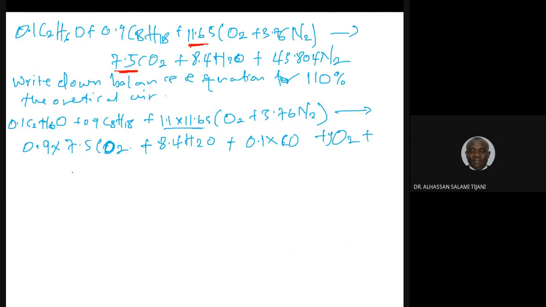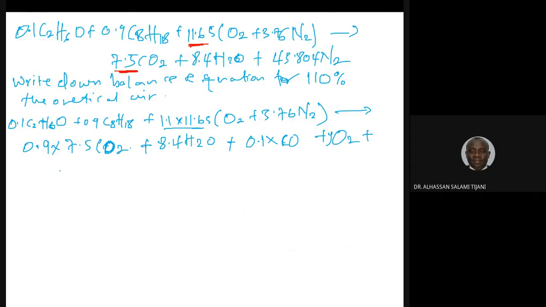Let me do the multiplication: 1.1 times 11.65, then times 3.76. So 48.1, or approximately 48. So this gives me 48.